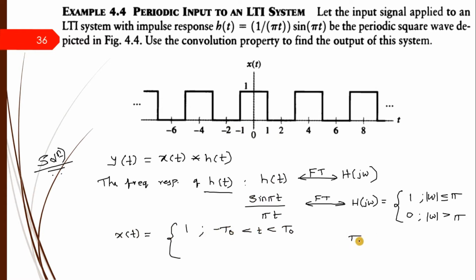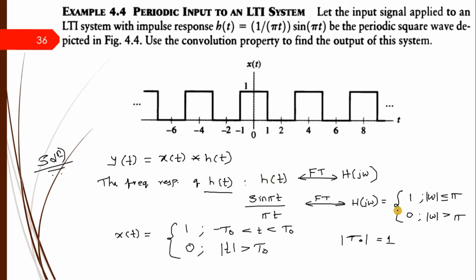Let me write t naught as 1. Okay, so 0 for the rest, everywhere t is greater than t naught within that period. This is the information regarding h of t and x of t that we have.